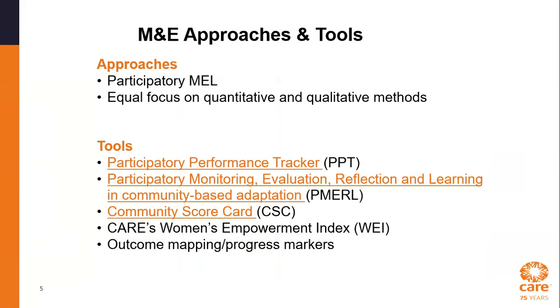Okay, let me also highlight some of the approaches and tools that we use for measuring our impact. The FWS measurement system incorporates participatory approaches and both qualitative and quantitative methods to show critical contribution on gender equality through women's empowerment in agricultural programs. We use quantitative data to describe the number of participants, both direct and indirect, we are reaching, and the sustainable impact we are able to bring to our program participants and indirect beneficiaries.